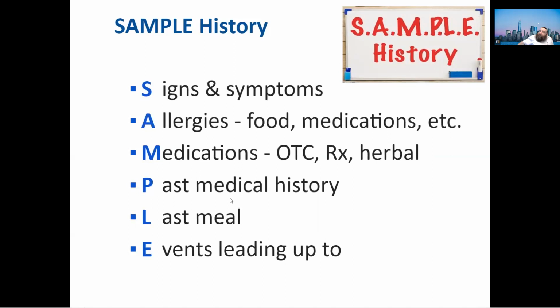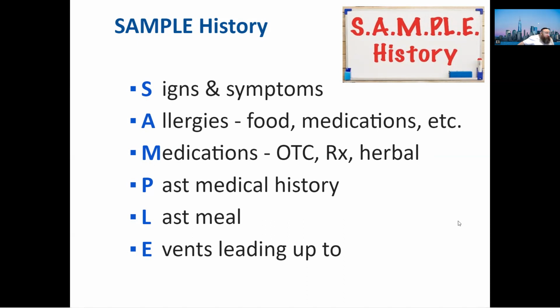I've taught you SAMPLE history in one of the earlier classes. I'm going to run through it again, but we're not going to spend a lot of time on it now. The reason being is that all these patients are going to be unresponsive, so it's going to be very difficult to ask them 6 questions if they're unresponsive.